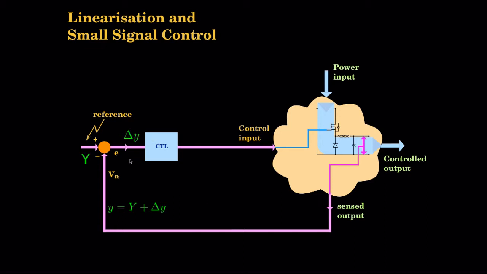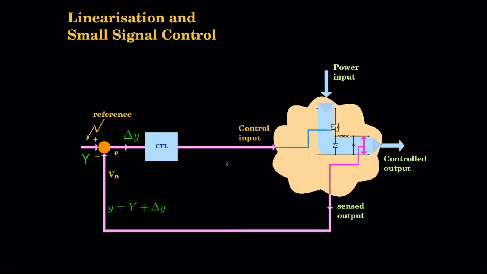So, this minus this, and what will be this output? What variable will you associate for the output? Delta U. But this is the control input. It is complete U, right?